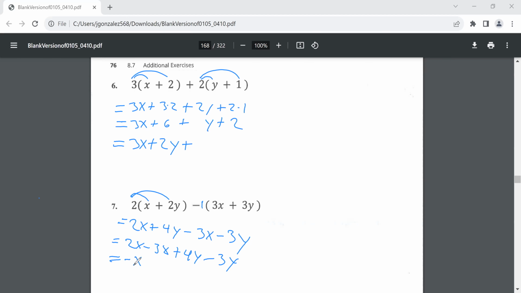I think this step is important. This one, not so much. 4 minus 3. That's it. You guys cool on the distribution step and combining like terms? This seemed doable.